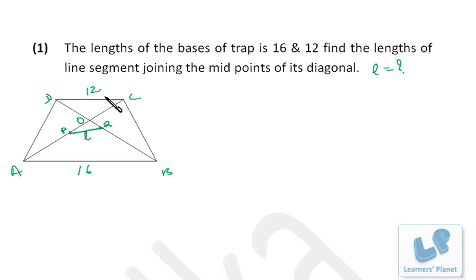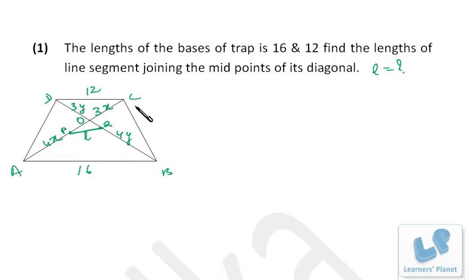So I assume this to be 3x, and this will be 4x, right? The ratio should be 3 is to 4, but the constant will be different, so you should be careful. And similarly this ratio will also be the same, so that's 3y and 4y. Again the constant will be different because the length of this diagonal may differ from the length of this diagonal, right?